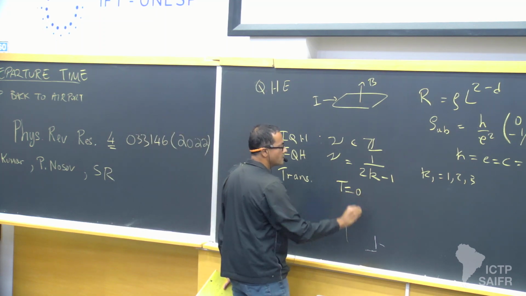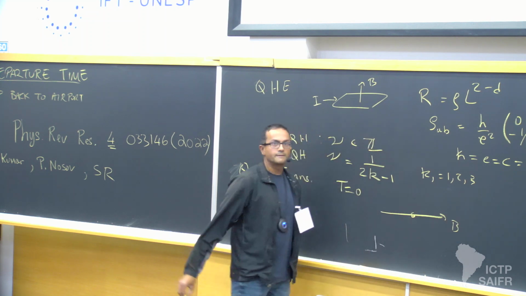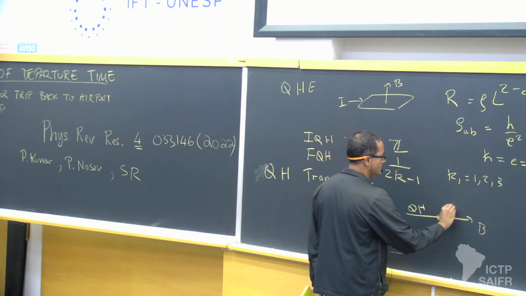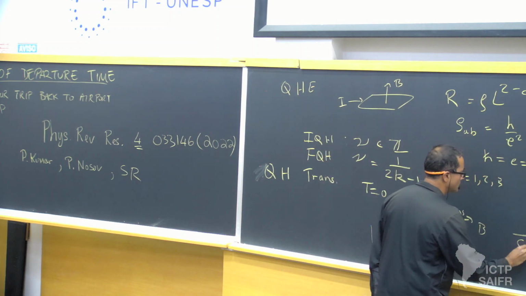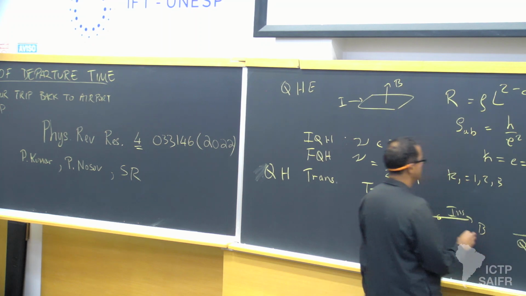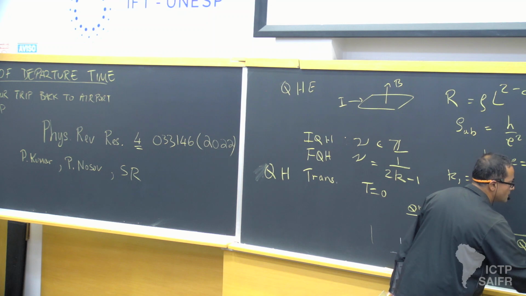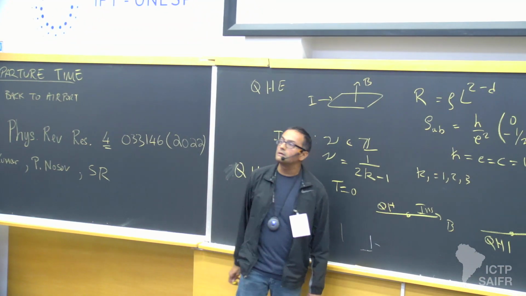At T equals 0, you tune the magnetic field, and you go from a quantum Hall state to an insulator. Or you tune the magnetic field from a quantum Hall state 1 with one value of ν to another quantum Hall state 2. There's a critical point, which is the quantum Hall transition, which I'll focus on today.